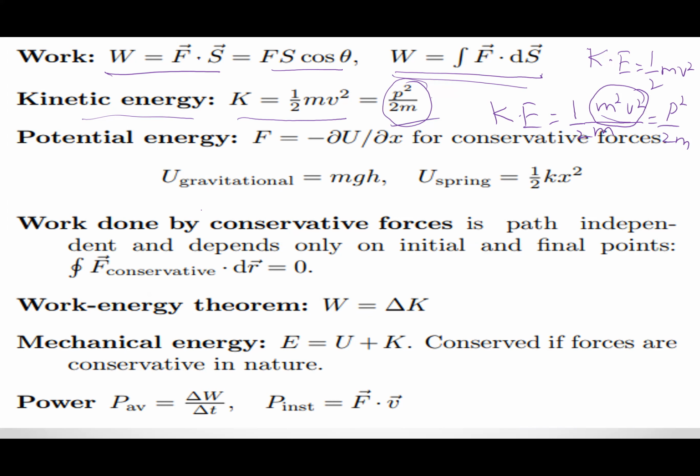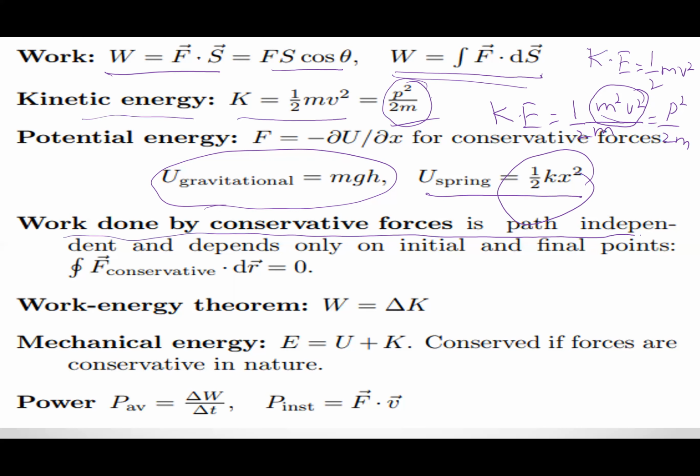This is the gravitational potential energy. This is the spring constant, potential energy in a spring, half kx square. Work done by a conservative force is path independent and depends only on the initial and final point.